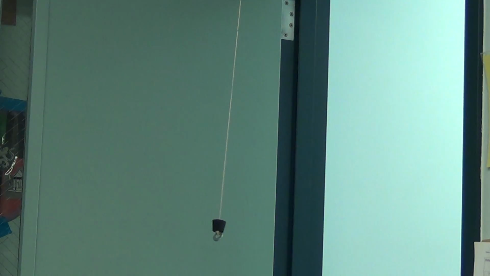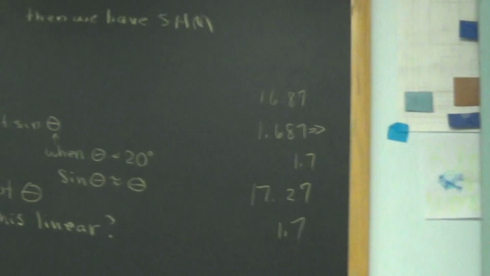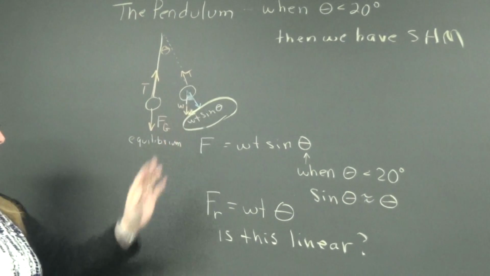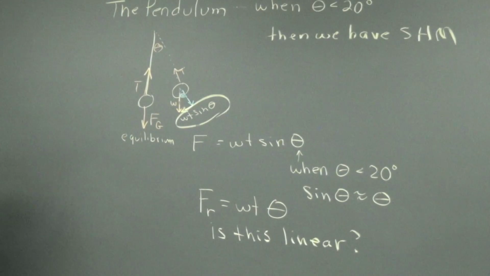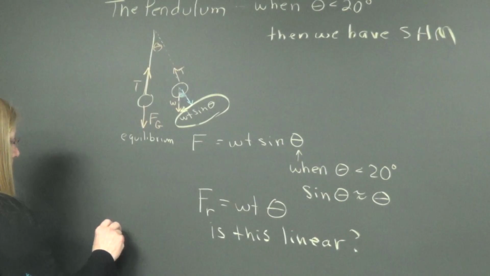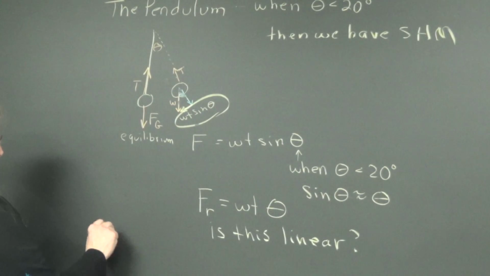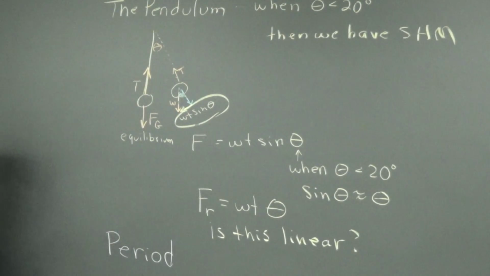Alright, so simple harmonic motion means the distance we pulled it from equilibrium, which is now our amplitude, the period is independent of the amplitude. So write that as we wrote before for the mass spring period. That's how long it took for it to go up and back.